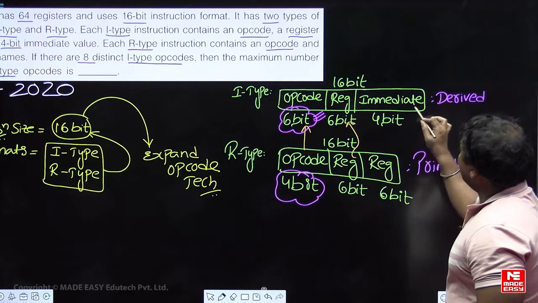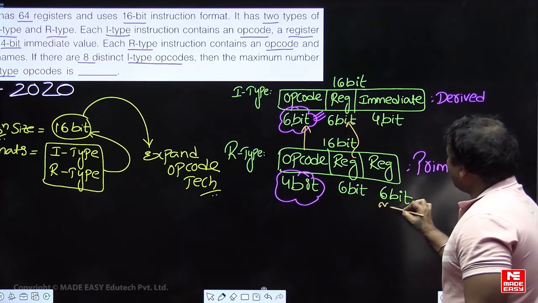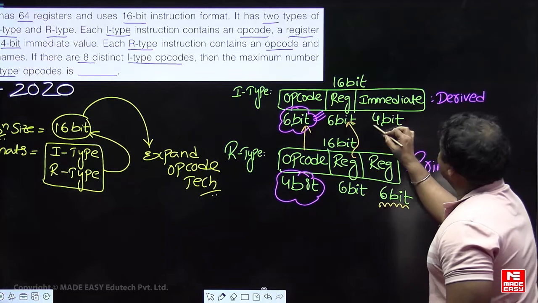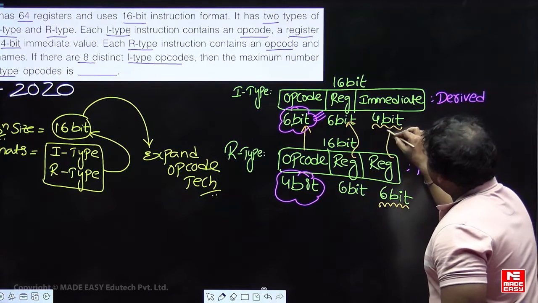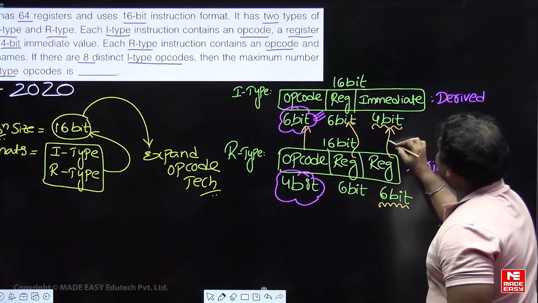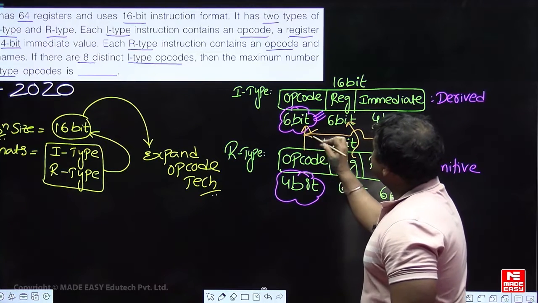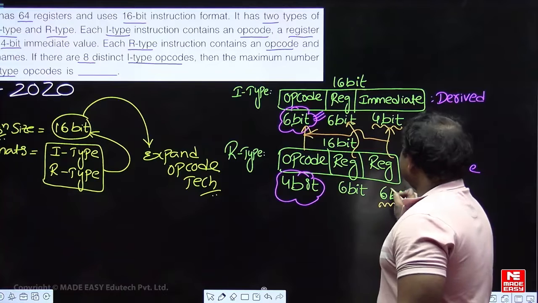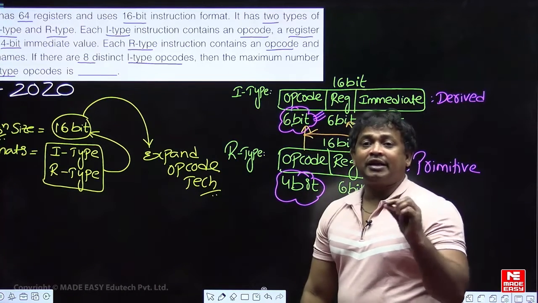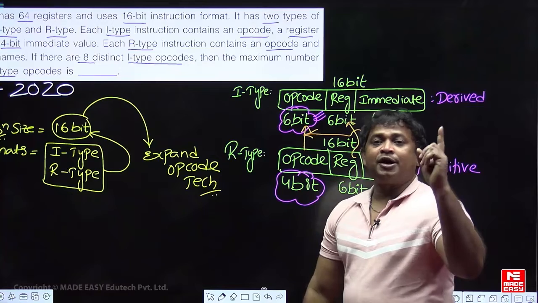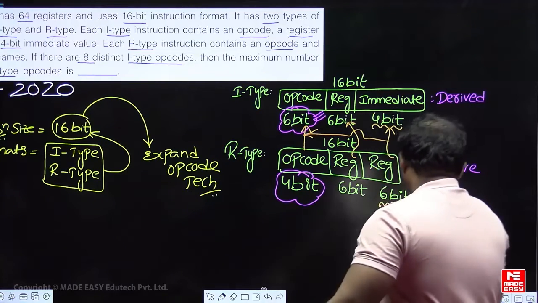These names are not common, so we take the commonality in terms of bits. From the 6 bits, we take 4 bits for immediate and the remaining 2 bits merge with the free opcode. When 2 bits merge with a 4-bit free opcode, we get the 6-bit derived opcode. This is the expand opcode technique.